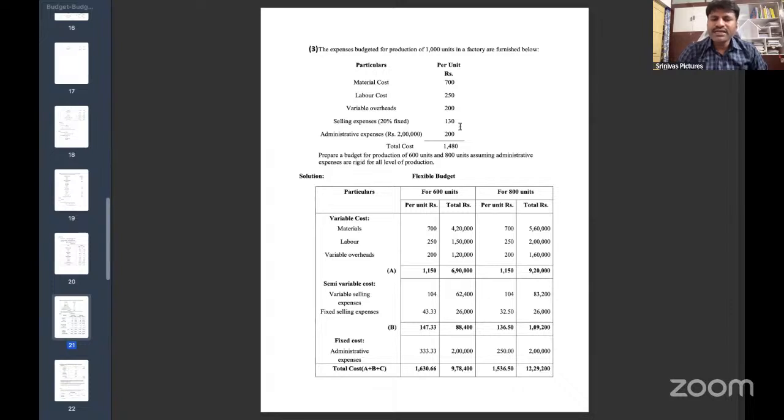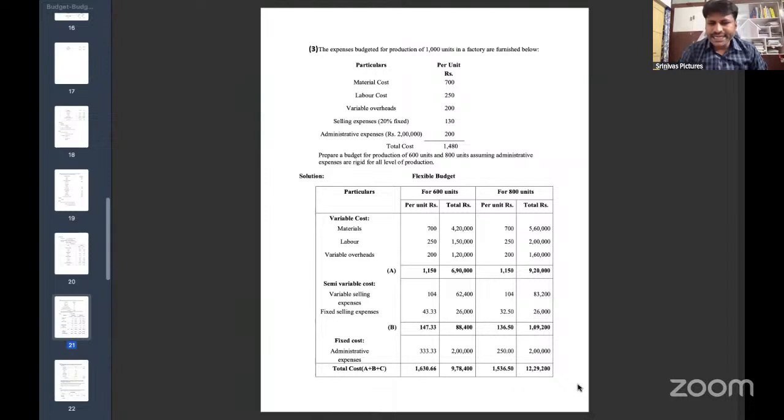Remaining is the variable cost per unit. So that is 26 rupees. Total cost how much? 1,000 units into 26, that is 26,000 is the fixed cost.